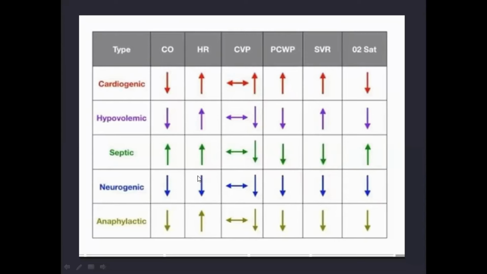However, in neurogenic shock, the sympathetic pathway is disrupted, so cardiac output and heart rate decrease, because you know that it's the sympathetic system which acts on your SA node and the blood vessels, certain receptors, and results in increased vasoconstriction, increased heart rate, increased BP, and increased cardiac output. So no sympathetic response ultimately results in decreased cardiac output and decreased heart rate.